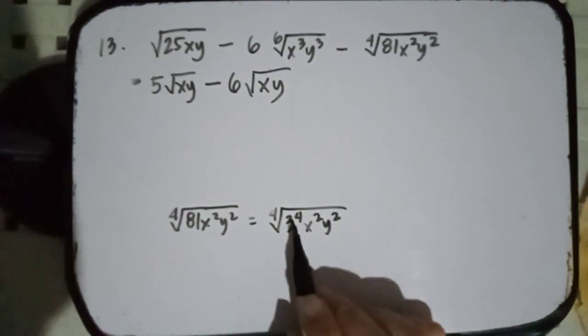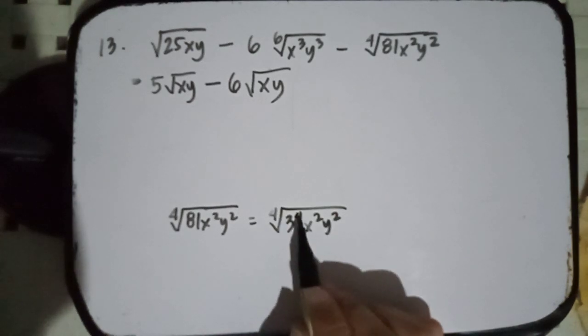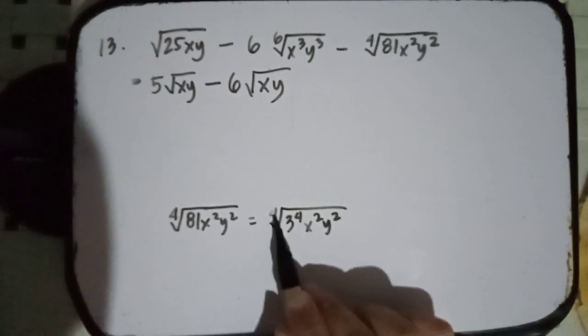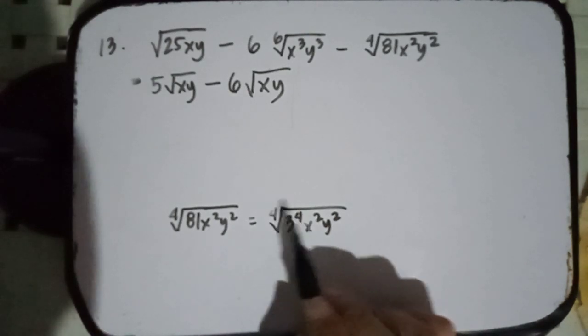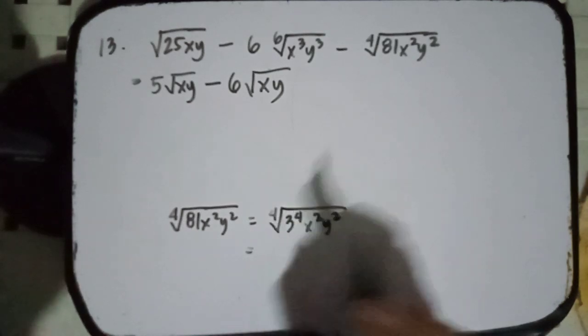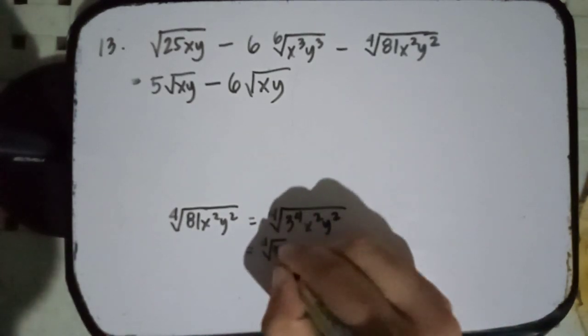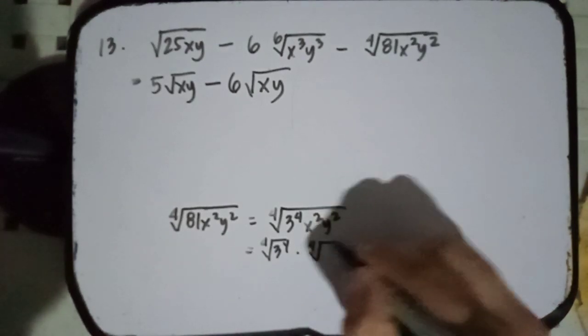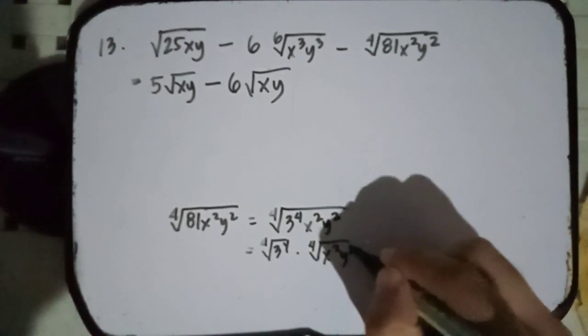However, yung 3 to the 4th na yon, isa siyang perfect 4th power because naka-raise sa 4, tapos yung index ay 4 din. So, ihiwalay muna natin to. So, 4th root of 3 to the 4th times 4th root of x squared, y squared.